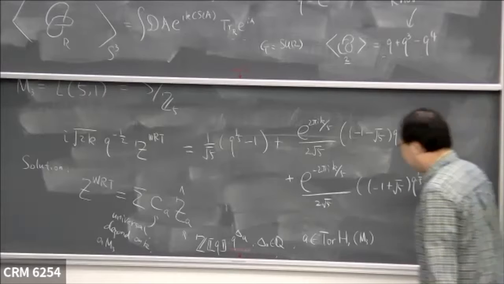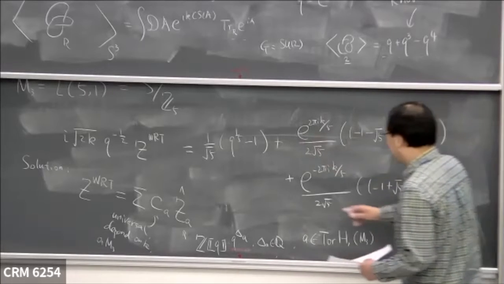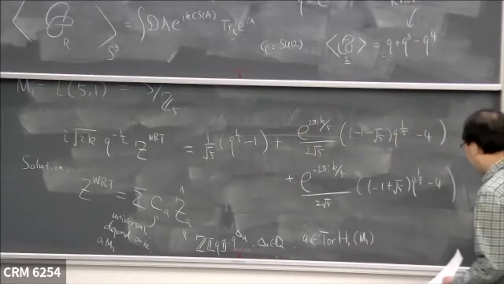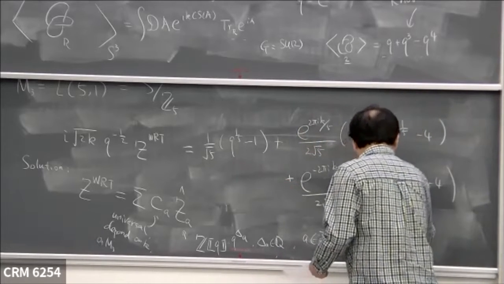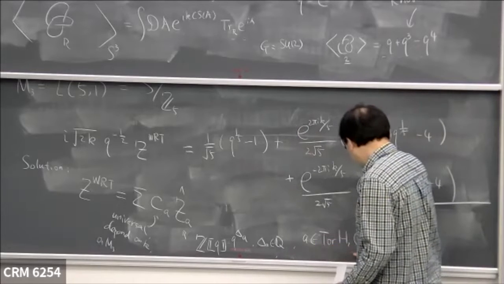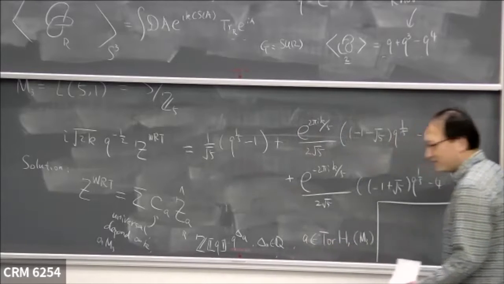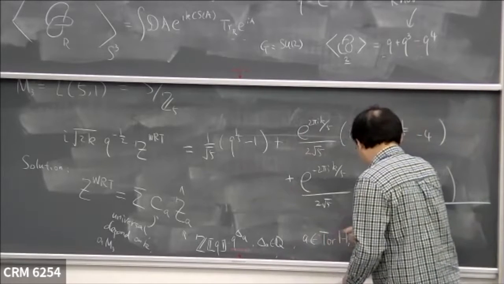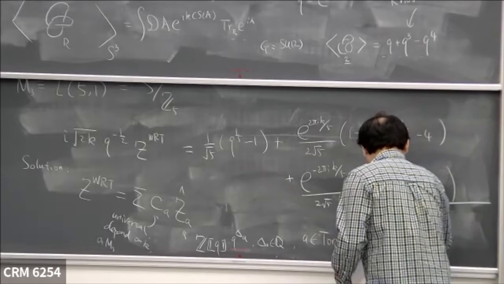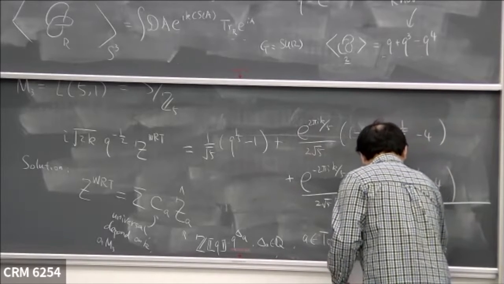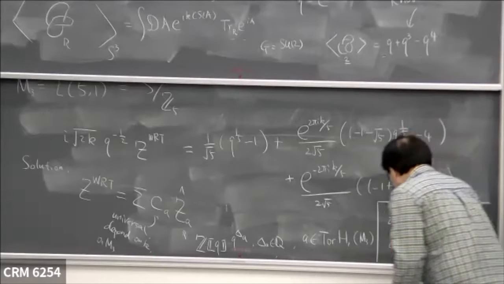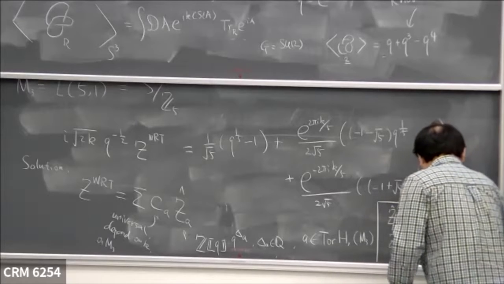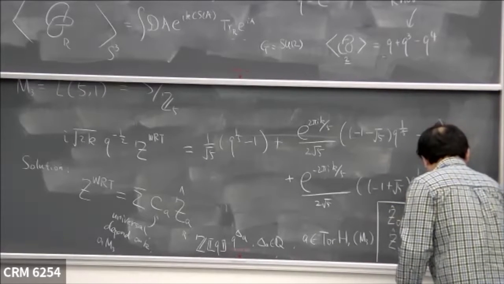So in the case of lens space L(5,1), what happens is that H1 is Z5. The torsion part of that is again Z5. So there are supposed to be 5 Z hats, but there's a symmetry. So we only have Z0 hat, Z plus minus 1 hat, or just denoted by Z1 hat, and Z plus minus 2 hat.